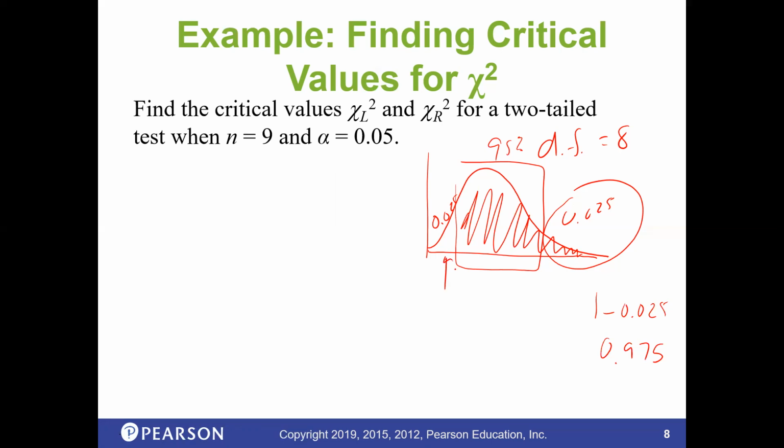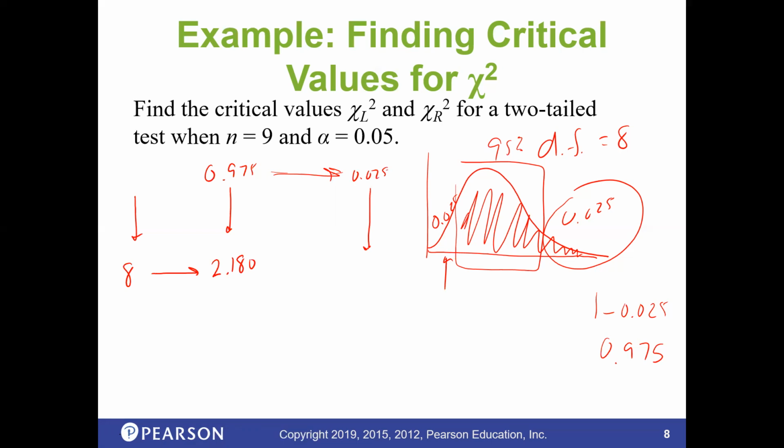So we're looking at the table. Let's go down the table to 8 over here, and as you run across, we're looking for 0.975 to do our left side. What did you guys get there? 0.108, perfect. Okay, cool. And then for the right side, we keep going across the top row to 0.025.